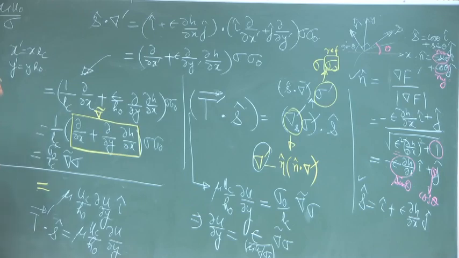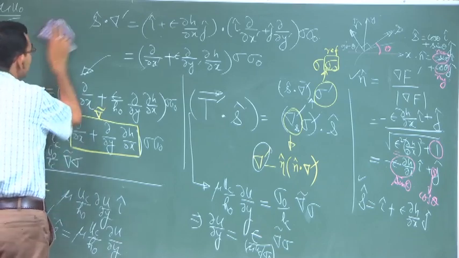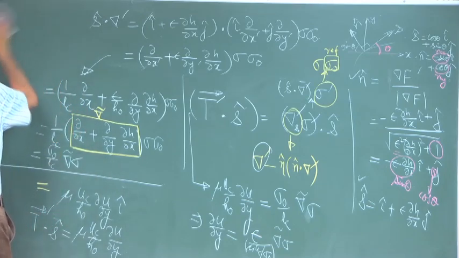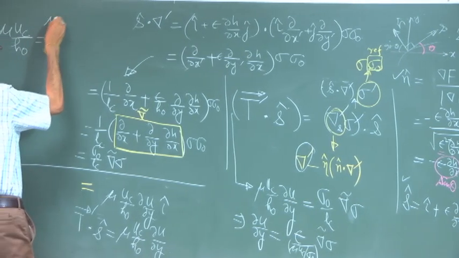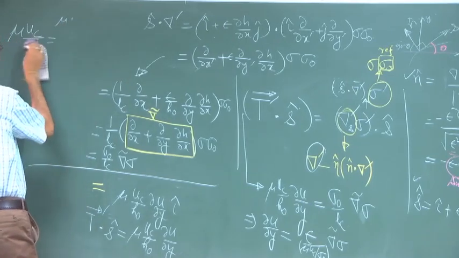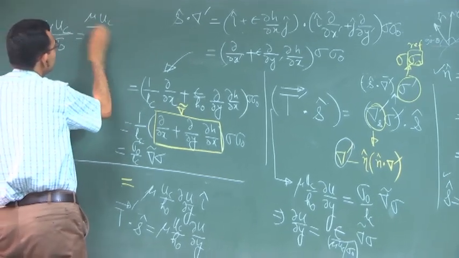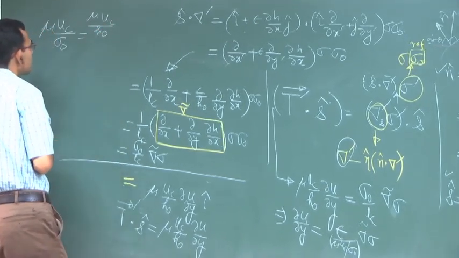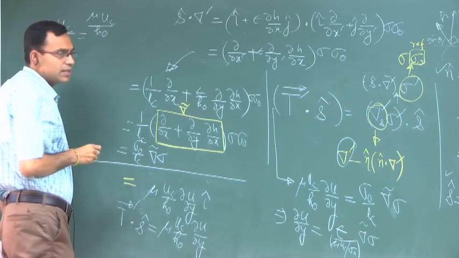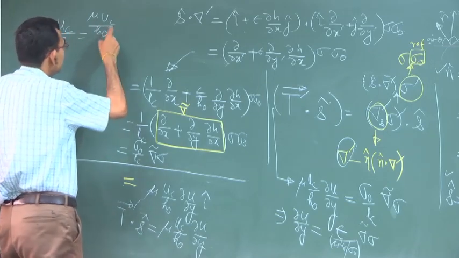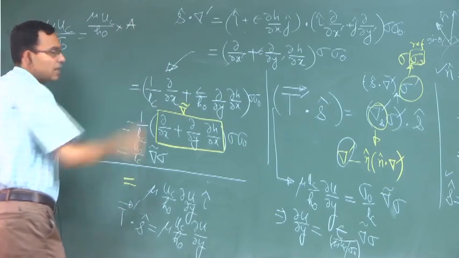So, you can write this as follows. I am cleaning this part of the board a little bit and writing it here: mu u c by sigma naught. mu u c by h naught is shear stress, times an area.